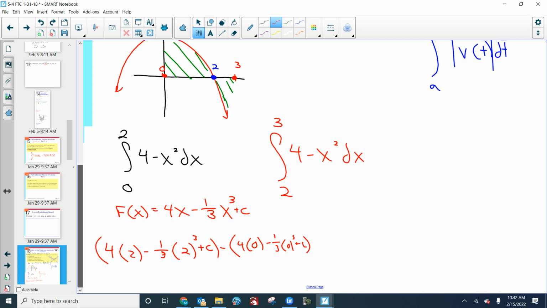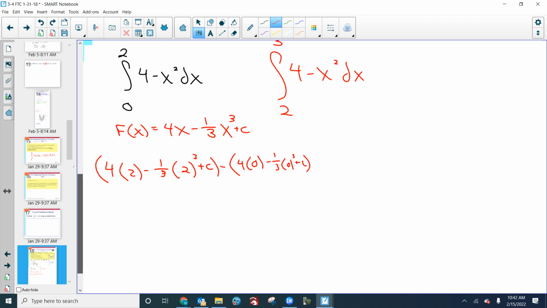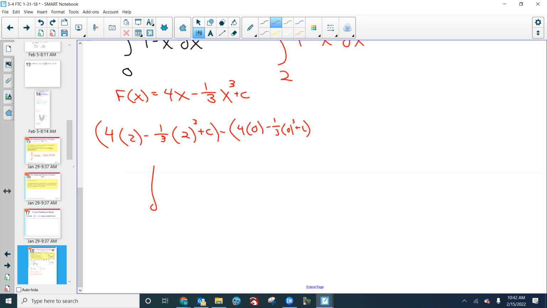And we end up getting 8 minus 8/3. Now, I'm going to hold off on that for a minute. It's tempting to combine them, find common denominators, subtract. We're going to hold off on that for a second.